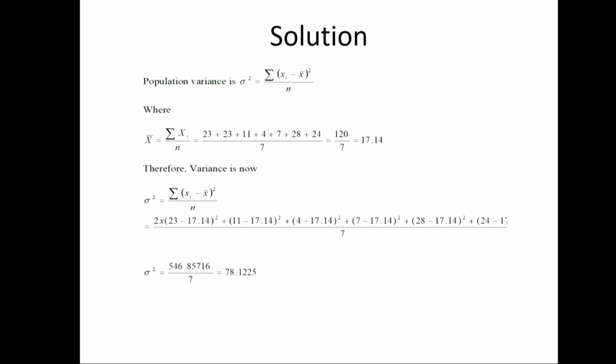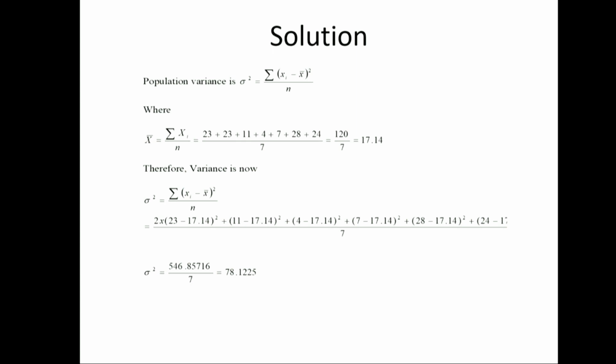Now, for the population, as I have said, the difference is just the denominator. For the population variance, we have sigma square, which is the sum of xi minus x bar, everything squared, divided by N. That x bar, we have to calculate it, which is the mean for ungrouped data, the sum of xi divided by N. That gives us 23 plus 23 plus 11 plus 4 plus 7 plus 28 plus 24, everything divided by 7, which is 120 divided by 7, which is 17.14.